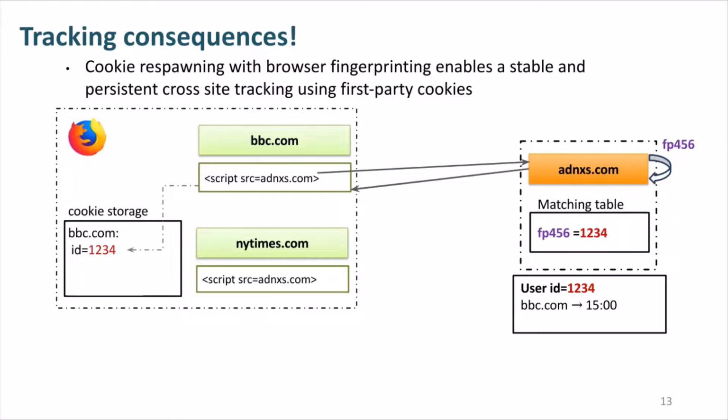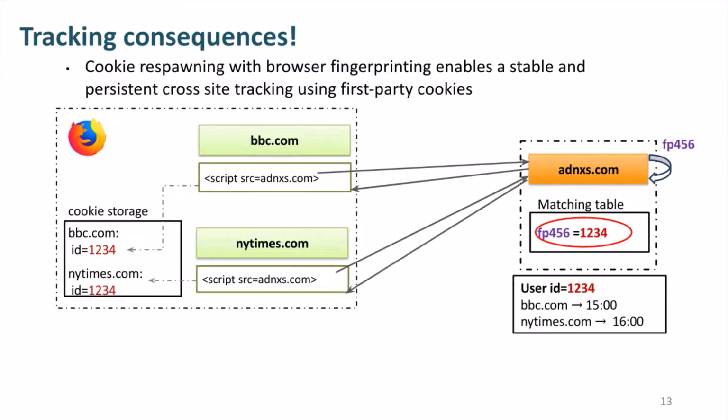Next, let's say that the user visits newyorktimes.com that includes a script from adinaccess. So once again, a request is sent to adinaccess with the browser and machine features. Adinaccess checks the matching table, extracts the corresponding identifier 1234. The script running in the context of newyorktimes.com will store a second first-party cookie with the ID 1234.